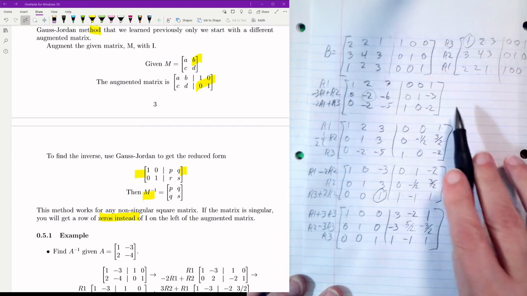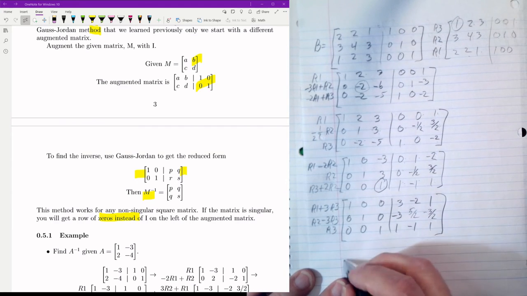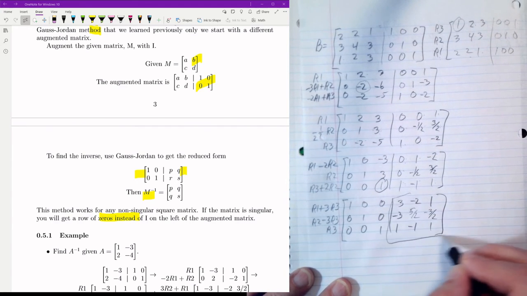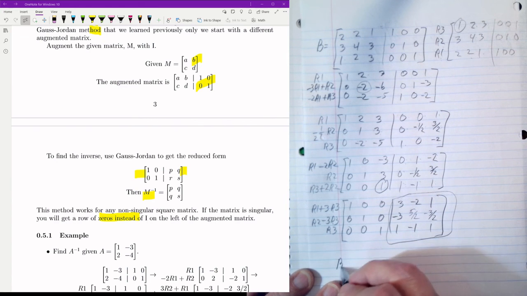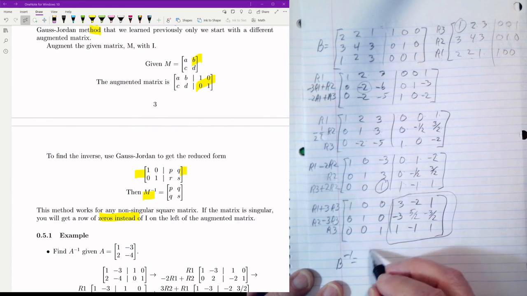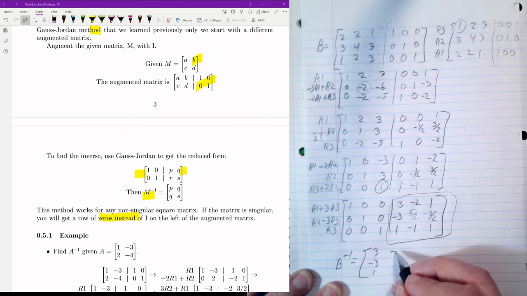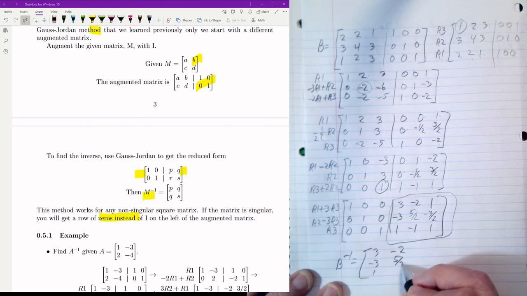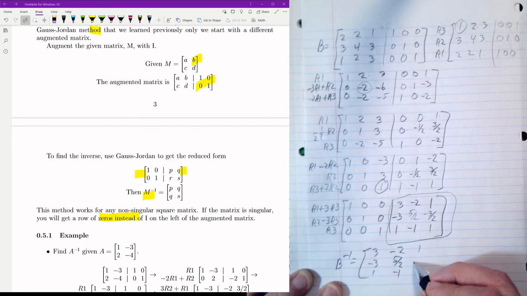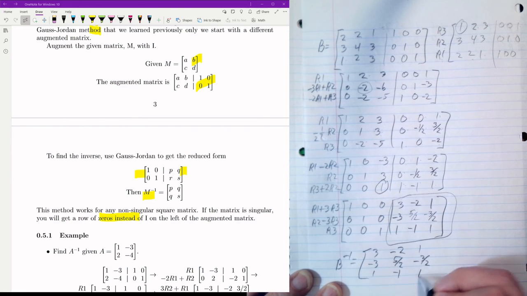And so our original matrix was B. This is our inverse. So B inverse equals 3, minus 3, 1, minus 2, 5/2, minus 1, 1, minus 3/2, 1.